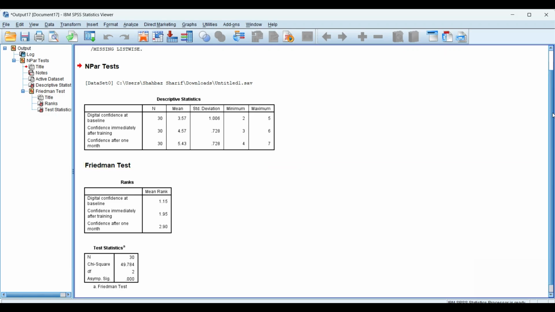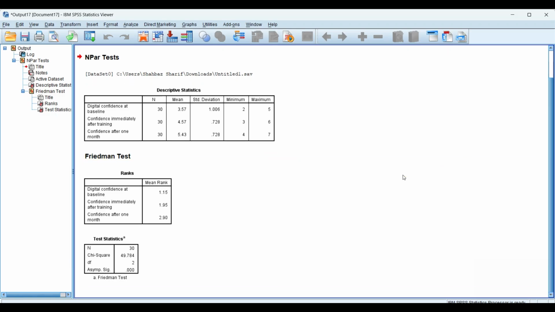And this is the most important table, the ranks table of the Friedman test. You can see the mean rank for digital confidence at baseline is 1.15, immediately after training is 1.95, and after 1 month is 2.95.